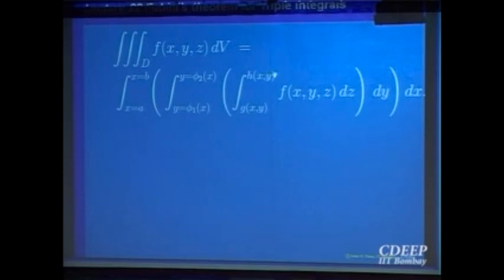So if your domain is of this type, then Fubini's theorem says you can compute your triple integral also, right? So the main problem would be, given a domain, how to write it in this form. Like for double integral, you write as type 1 or type 2 integrals. So let me stop here.